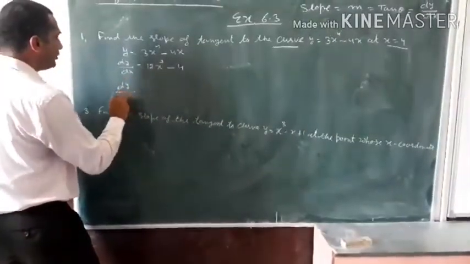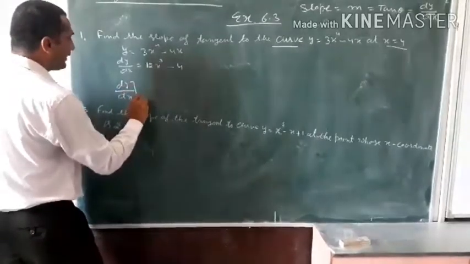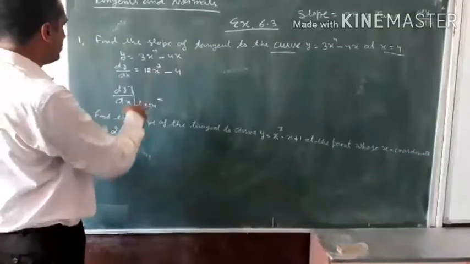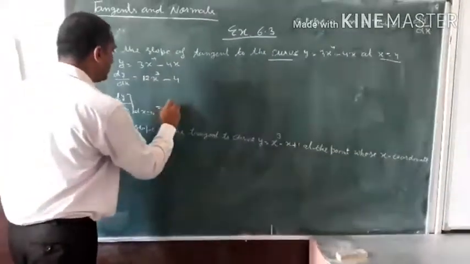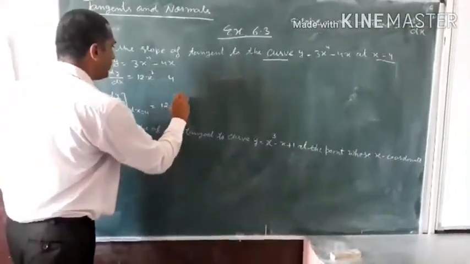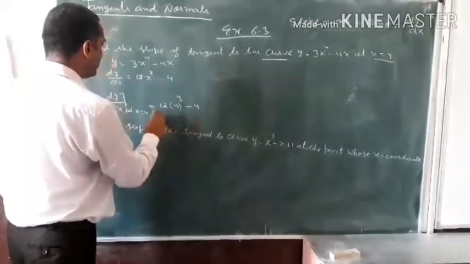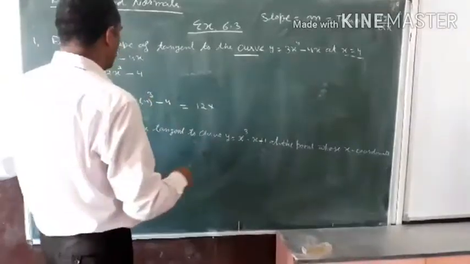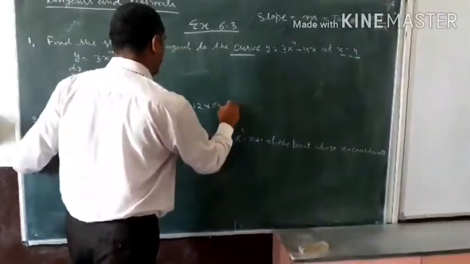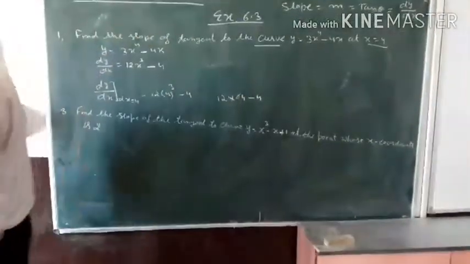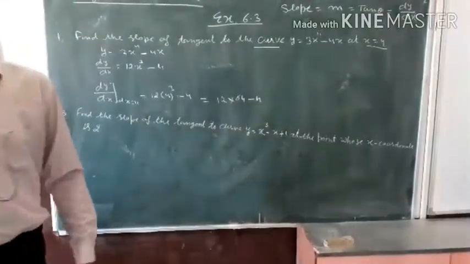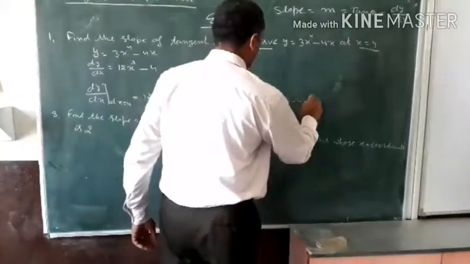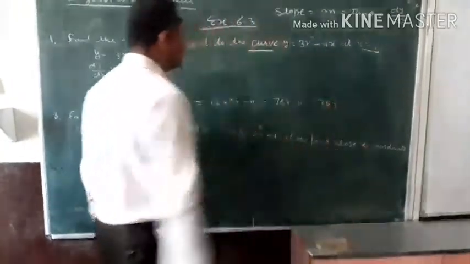So dy over dx at x is equal to 4 will be, substituting the value of x here, 12 into 4 raised to power 3 minus 4. So it will be 12 into 64 minus 4. So it will become 768 minus 4 is equal to 764.